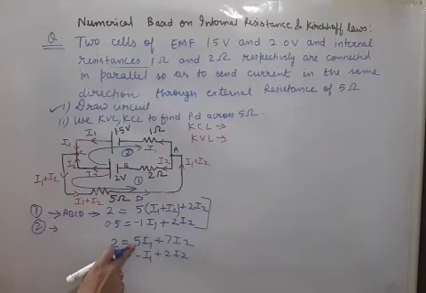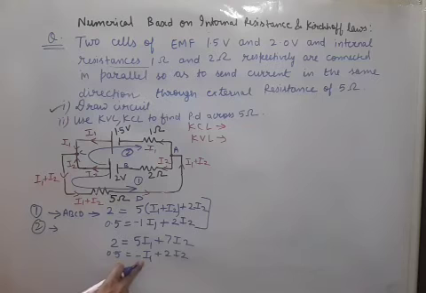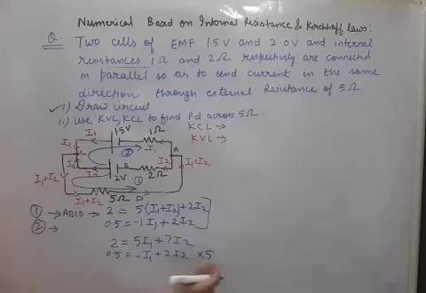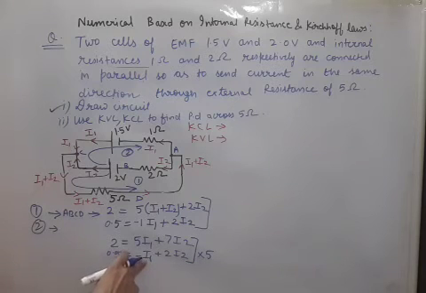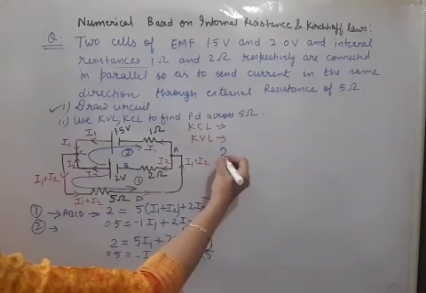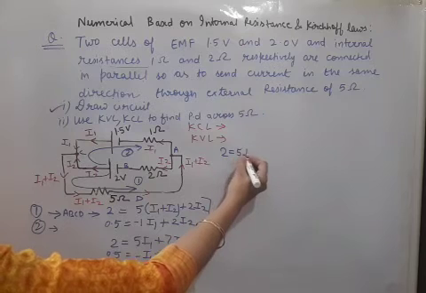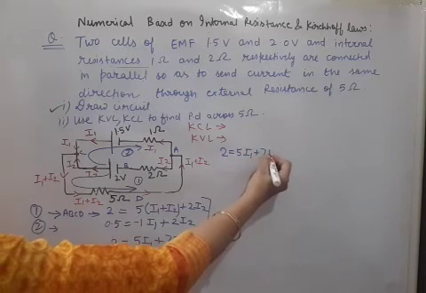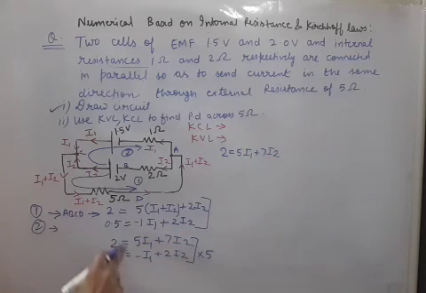Here 5I1 is appearing, here minus I1 is appearing. Let us multiply this equation with 5 so that here we will get a 5I1 term. So 2 equals 5I1 plus 7I2. This is the first equation.